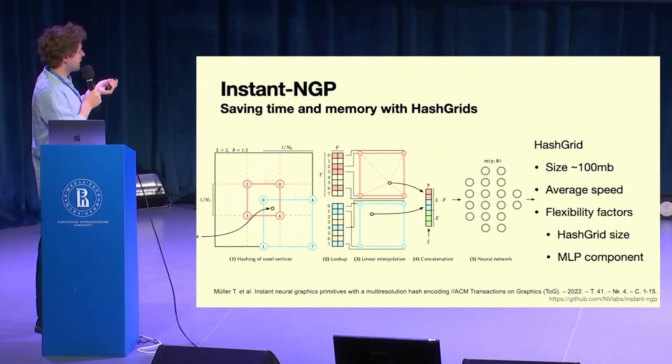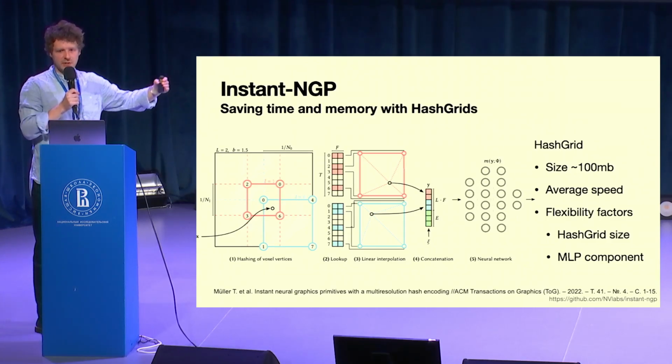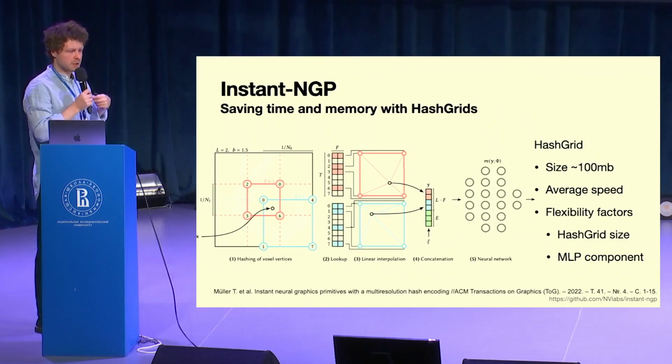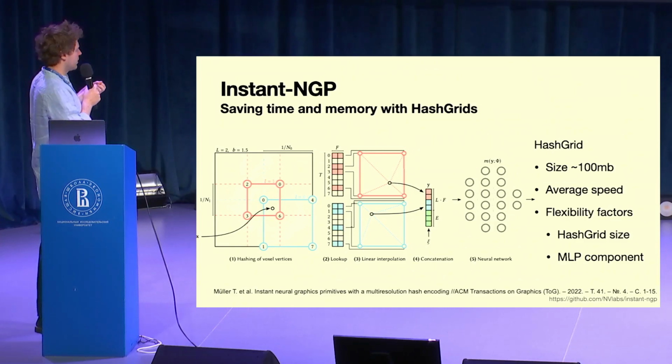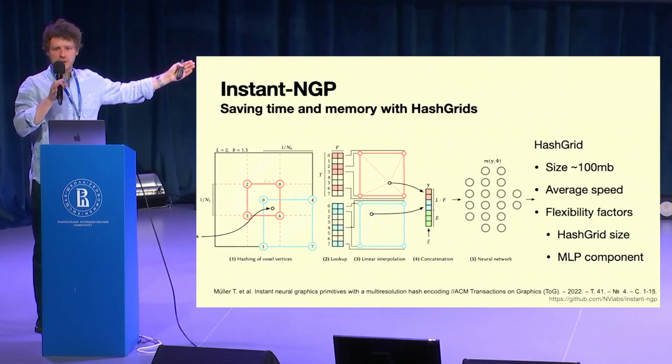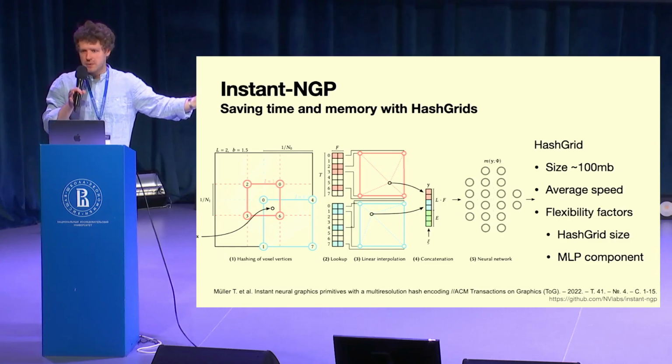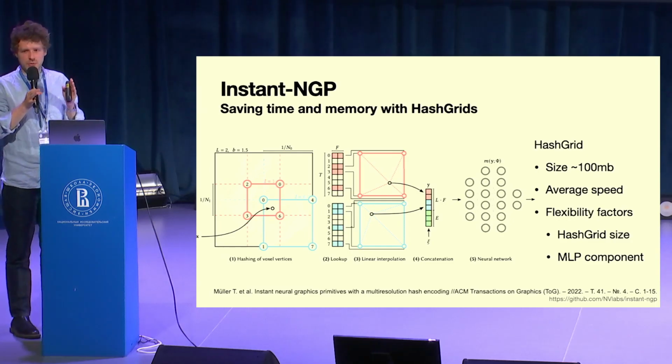We'll take the indices, and instead of going to the exact corresponding position in space, we'll compute a hash function of the index. And the hash function will map us not to a big array of a volumetric grid, but to a smaller array of a fixed size.